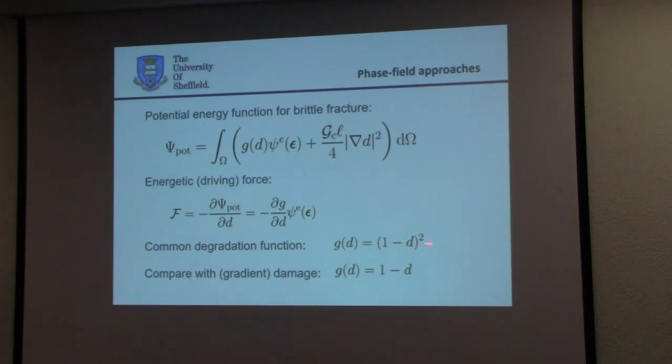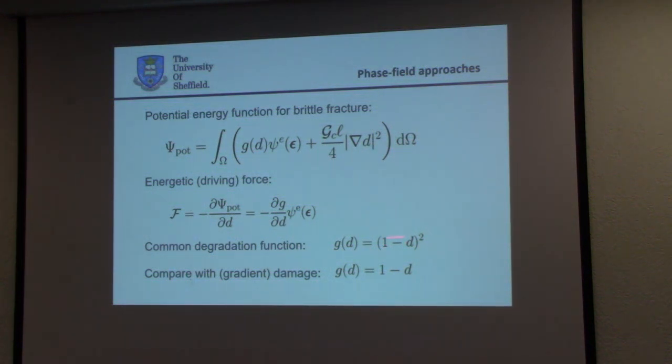Now, the simplest possible degradation function that is used is (1 minus d) squared. Well, for d equals 0, so when you have no crack, g(d) equals 1. When d is 1, and remember the analogy with damage mechanics, then g equals 0.